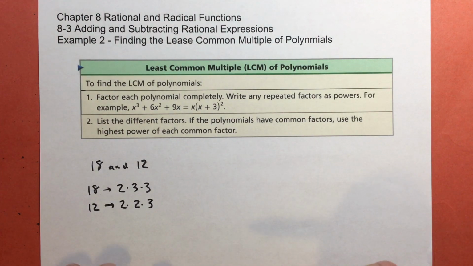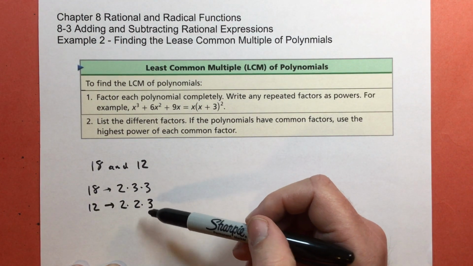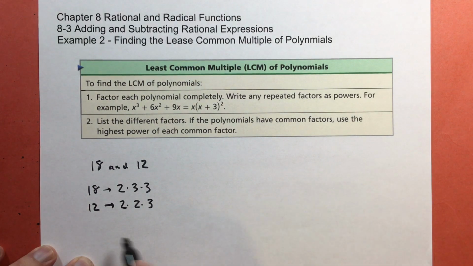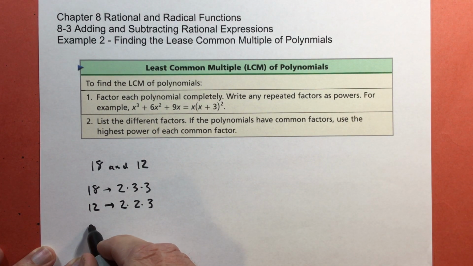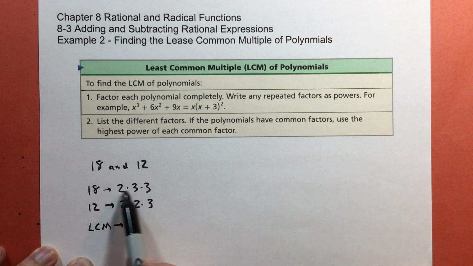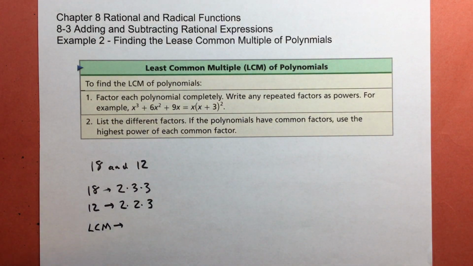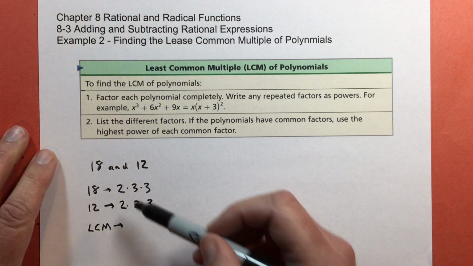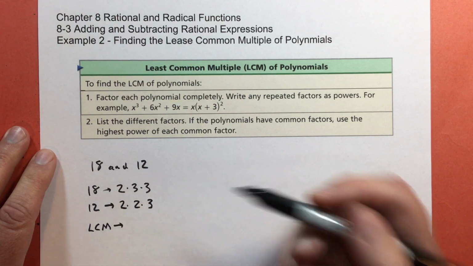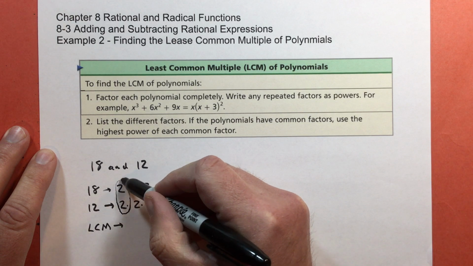Now, notice that these are not the same, obviously, but they have some factors that are in common. All right? So my least common multiple is going to have all of these factors, except I don't have to repeat the factors that they share. So notice that they both share a 2, and I'm only doing this for demonstration purposes. I'm going to put a circle around those.